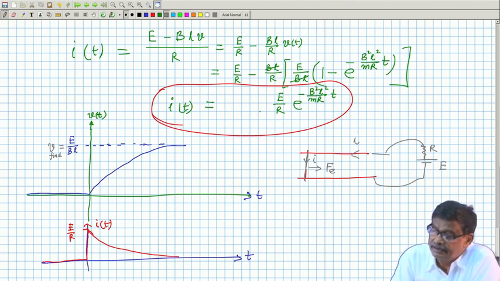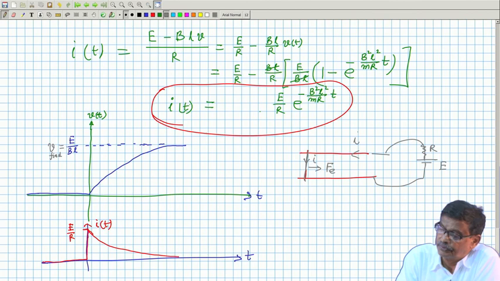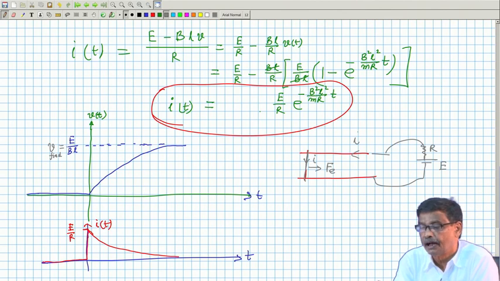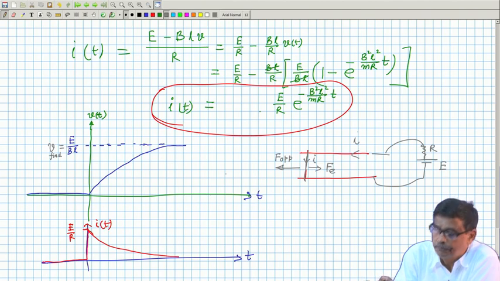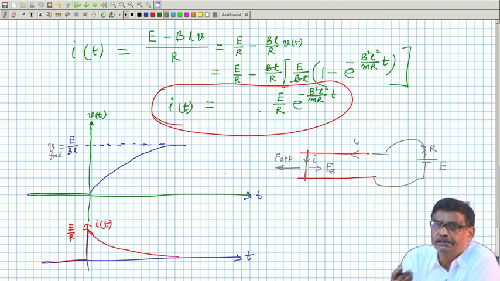Now, I can easily say that suppose to this movement of this conductor I impose an opposing force, after it has attained constant velocity. Let some opposing force come in, that is called the load force. In rotating machines we say load torque, but here load force, which will be in the opposite direction.